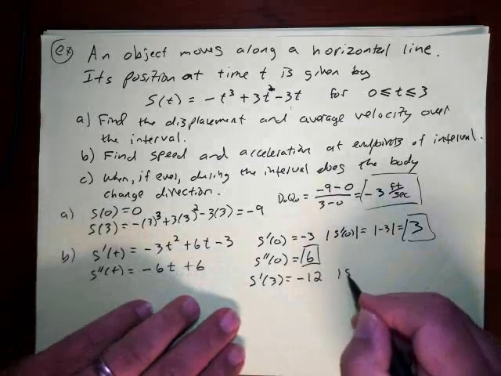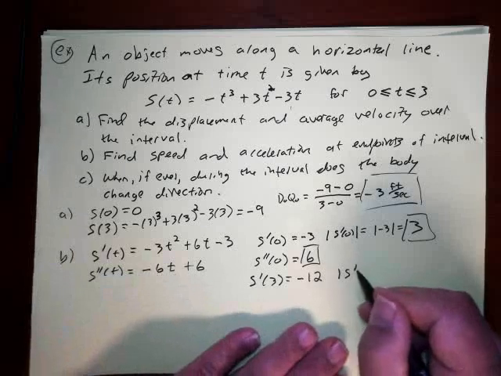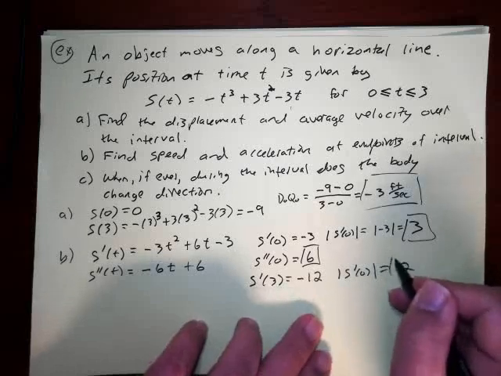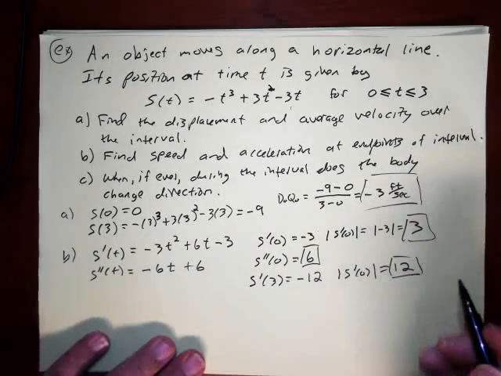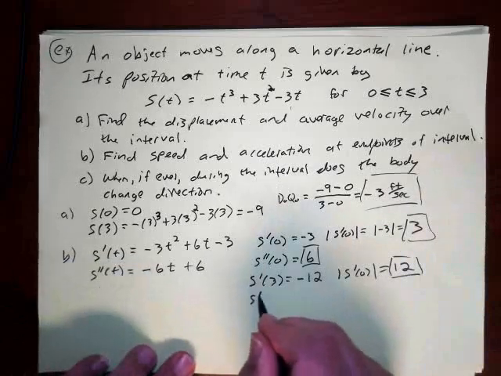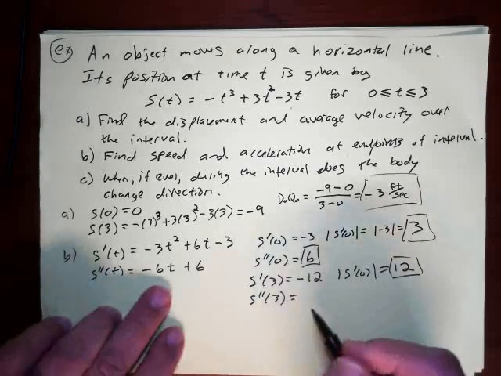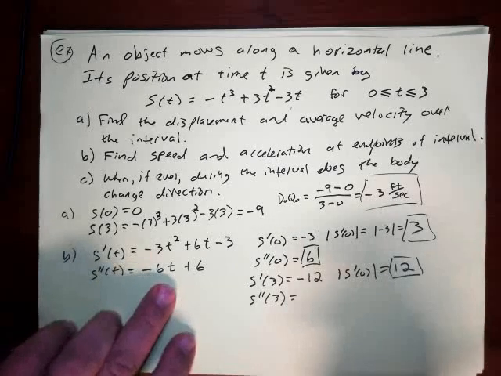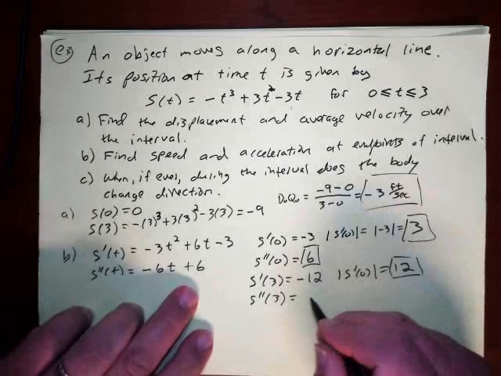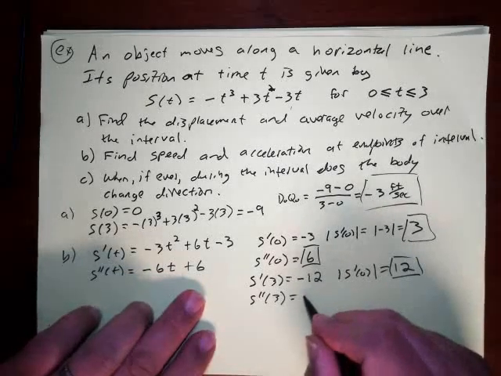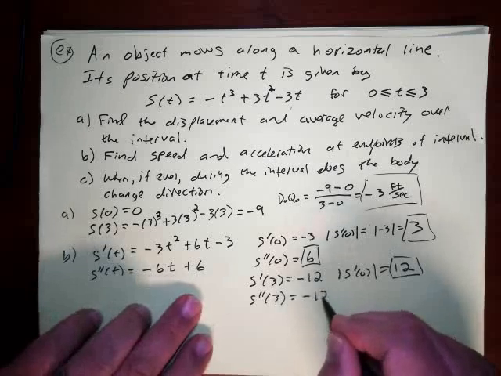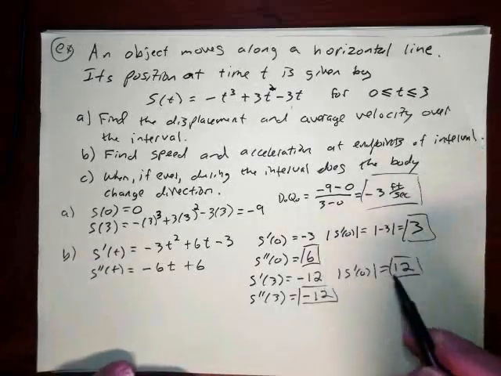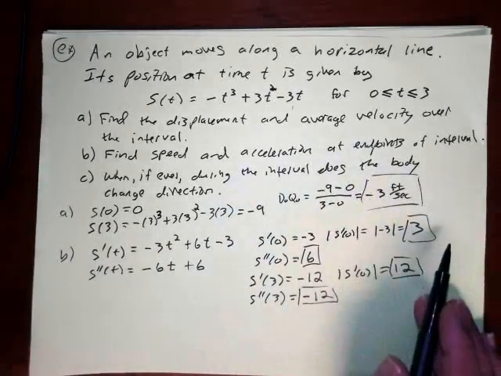That's the velocity, so the speed would just be 12, the absolute value of that. And then the acceleration. Now we're going to be putting 3 into here, and so I would get negative 18 plus 6, which is negative 12.